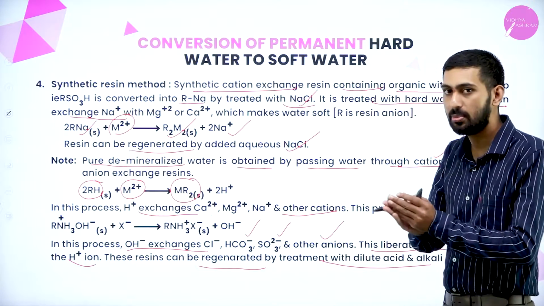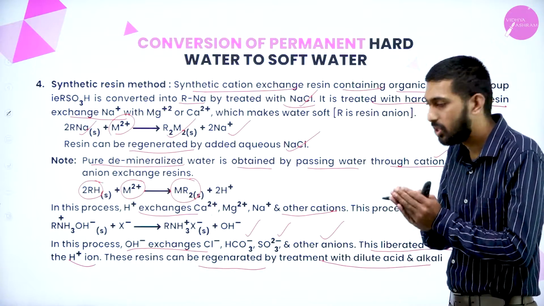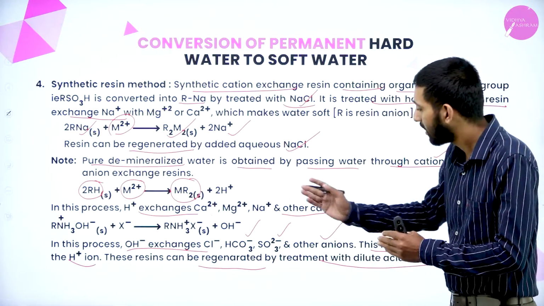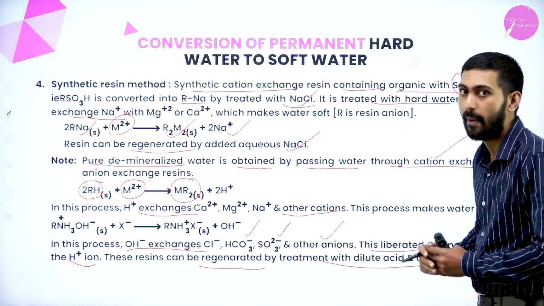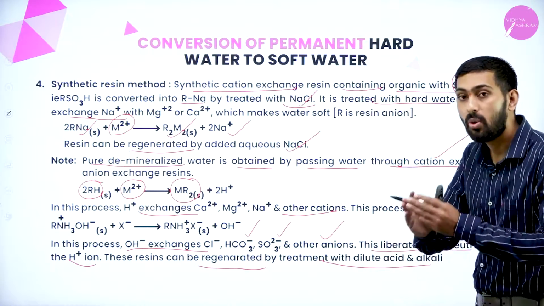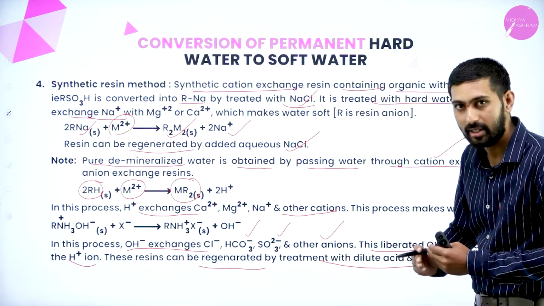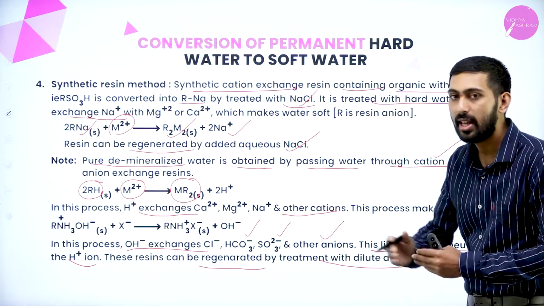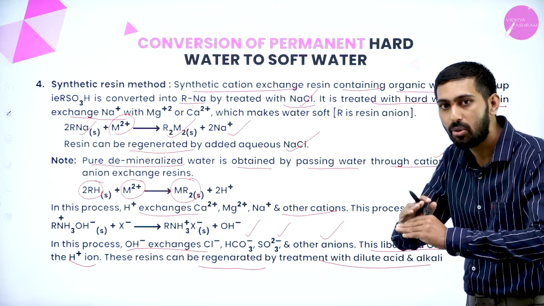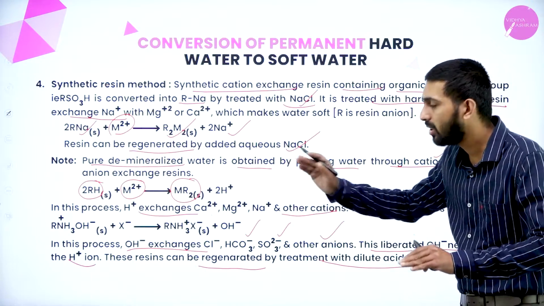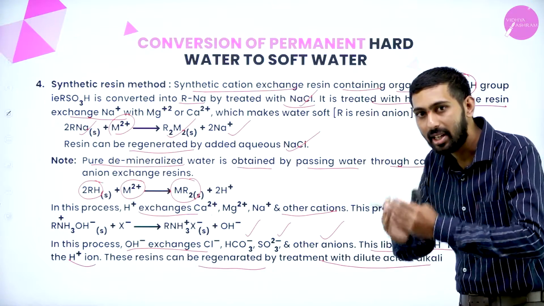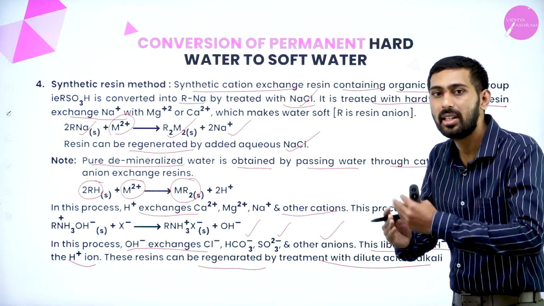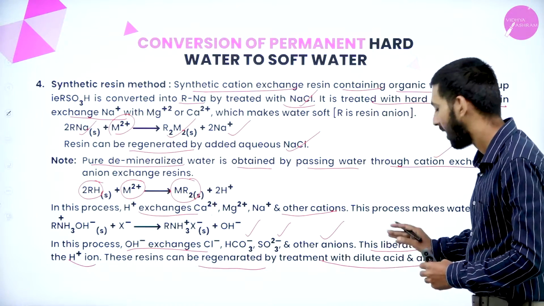Here in this process exchange of ions takes place, OH minus, Cl minus, bicarbonates, sulfates and some other anions. The OH minus ion gets liberated and neutralizes the H plus ion. When treated with resins, these resins can be regenerated when treated with alkali or some other acids.